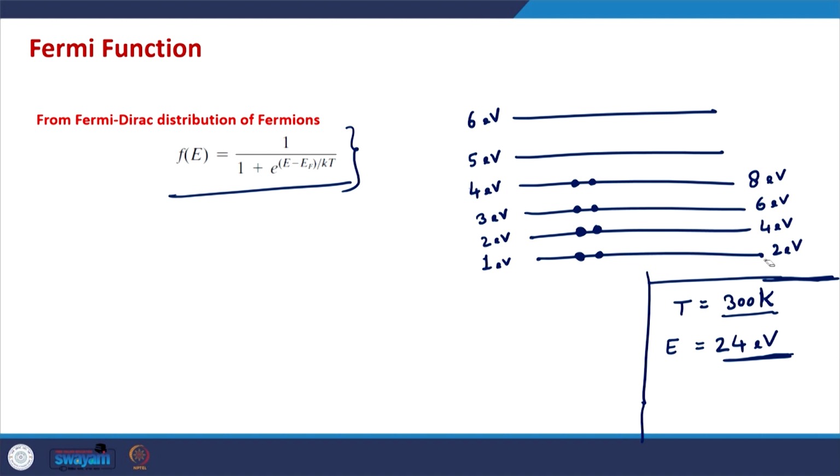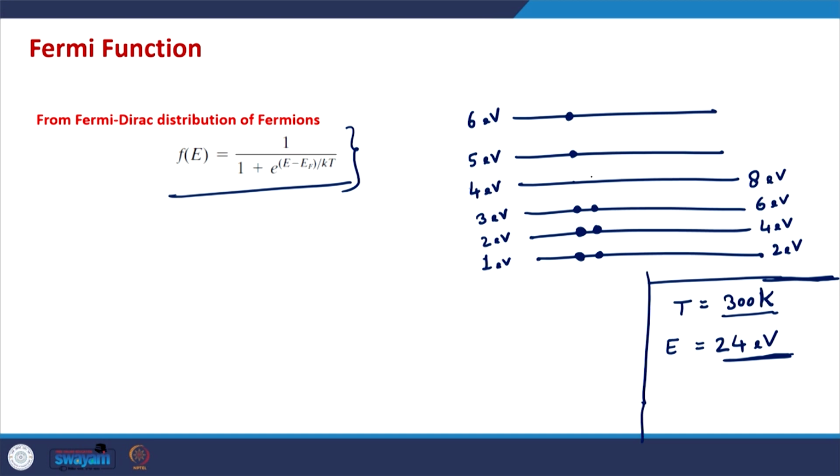Please try to guess what could be one of the configurations. One of the configurations would be that this electron, which was earlier sitting in this energy level, might go here, and this might go here.